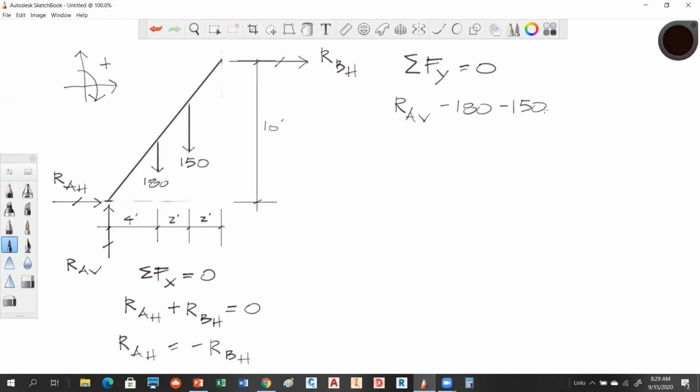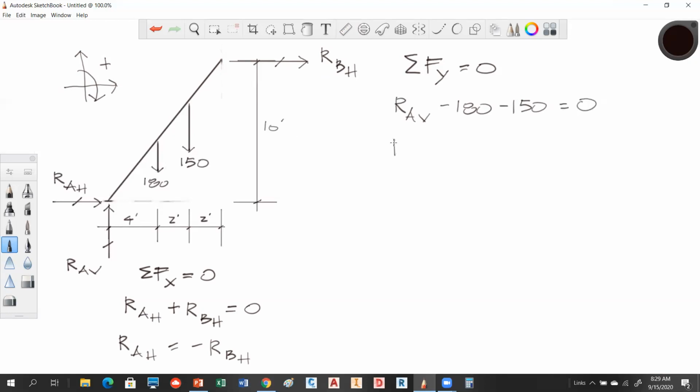Do we have anything else going on there? Anything else in a V direction or in a Y direction? So we've got this one here, that one here, and this one. So that should be it. All of these have to equal 0 by equilibrium.